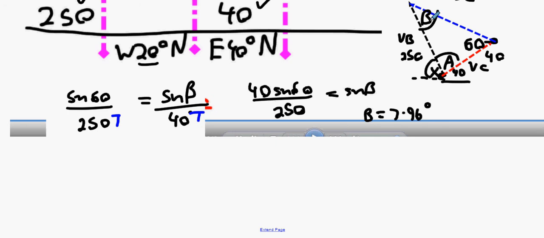So we know what B is now, don't we? So we can find the time directly like this. So we can say sine B over 40. But we know what B is, don't we? B is 7.96.